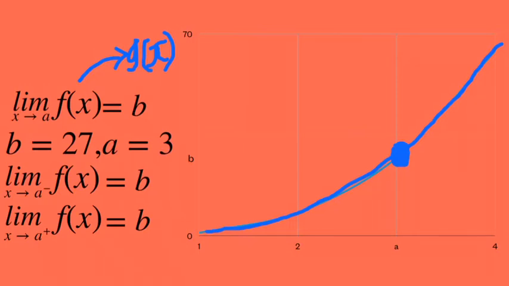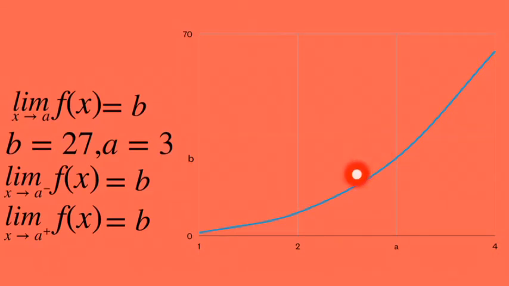Because what we saw here was that when we approached from both sides, they approached one point, and they happened to approach b, 27, the actual value of the function at that point.